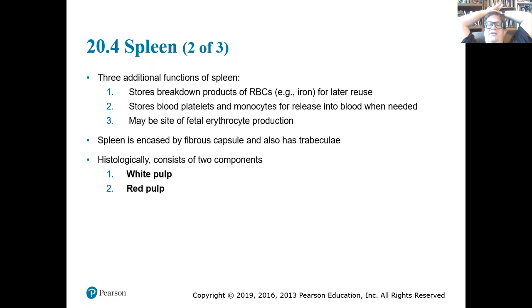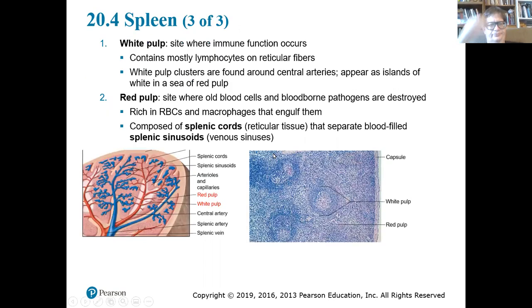So the spleen is wrapped in a fibrous capsule, has trabecula that should sound a lot like the lymph nodes. It is, it's just bigger. Histologically, we got two parts, the white pulp, the red pulp. White pulp tends to be immunology functions, and red pulp tends to involve blood. So the white pulp is white because it's full of mostly lymphocytes.